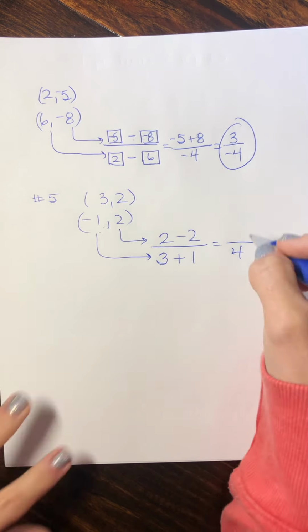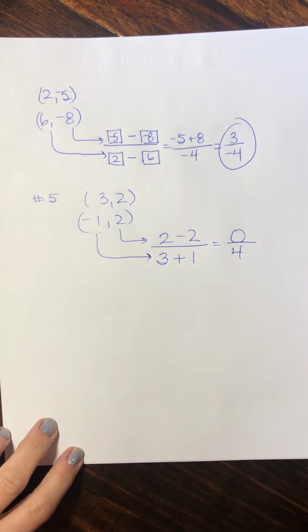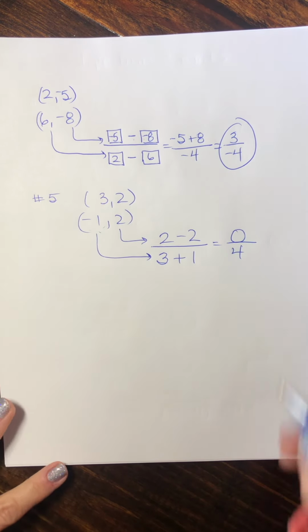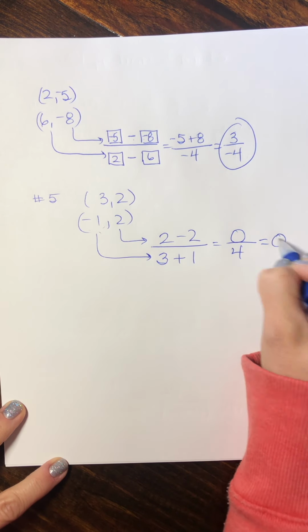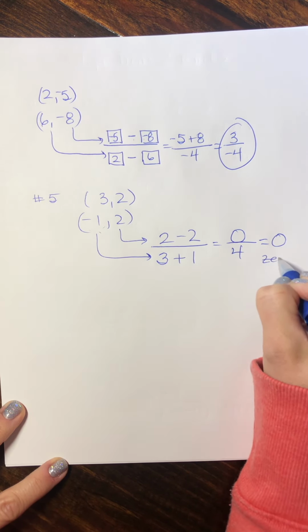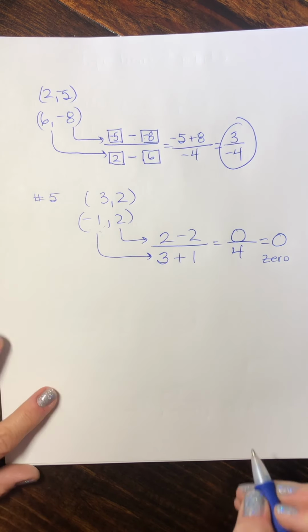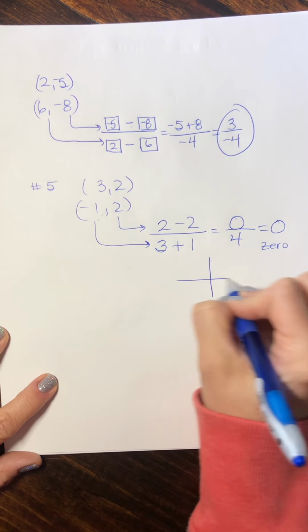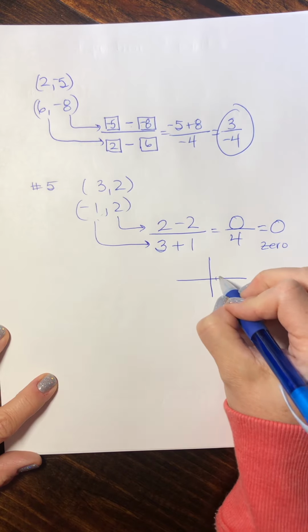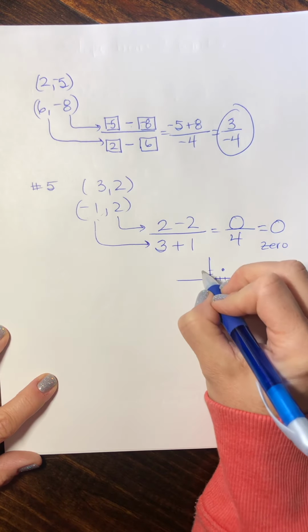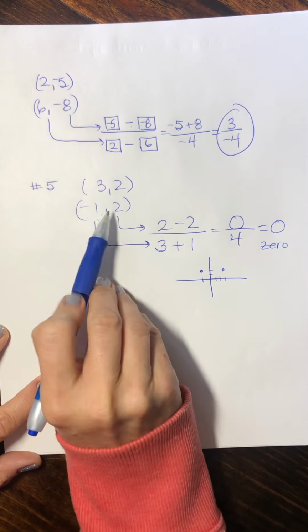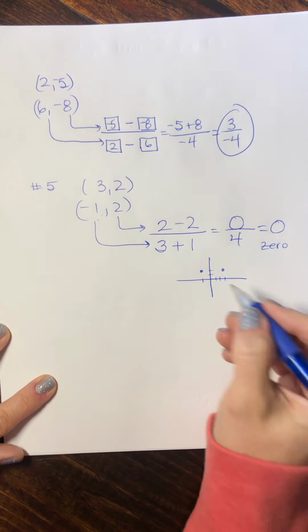So anyways, it doesn't matter, because 2 minus 2 is 0. And what we learned is that 0 divided by any number is 0. And so if a line has a slope of 0, if you remember from what we talked about before, if I were to plot point 3 comma 2 and point negative 1 comma 2, my vertical distance is the same.